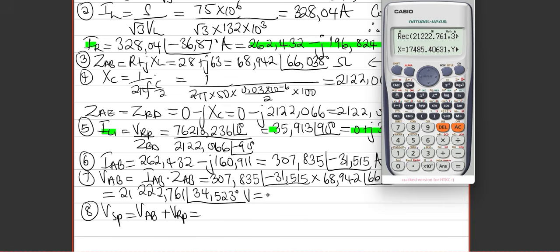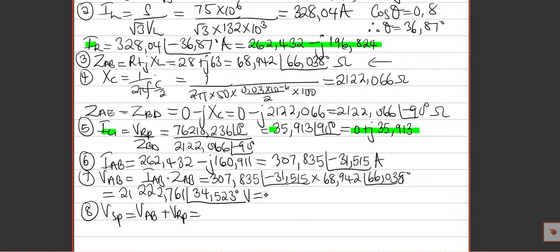For our values we have 17485,406 plus j12027,724.